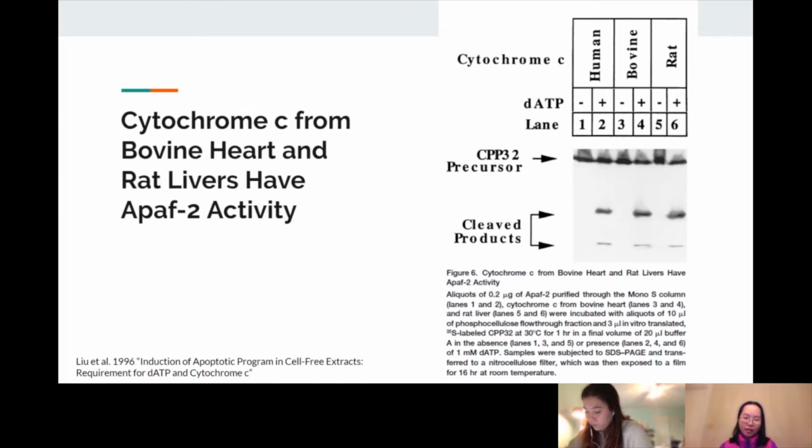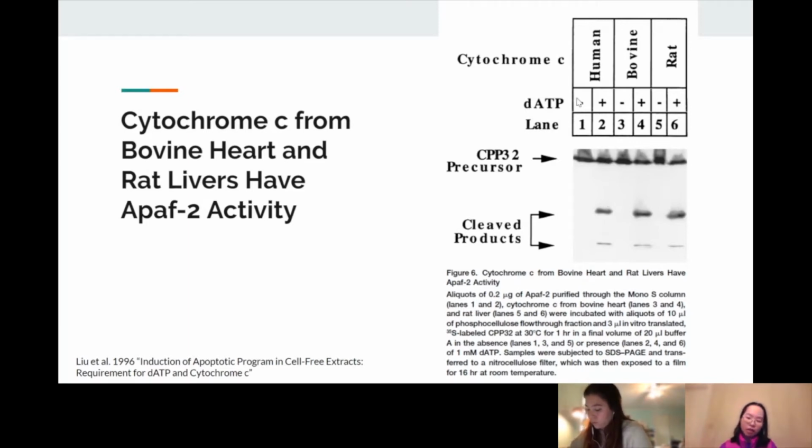Is it that cytochrome C from human cells, bovine cells, which is cow cells, and rat cells have APAF2 activity, which is the activity of cleaving or cutting the CPP32 precursor?